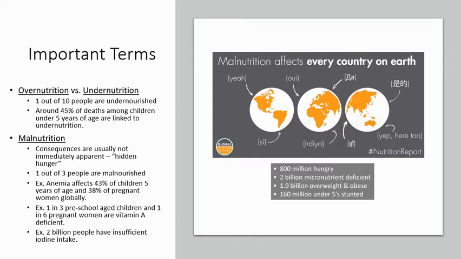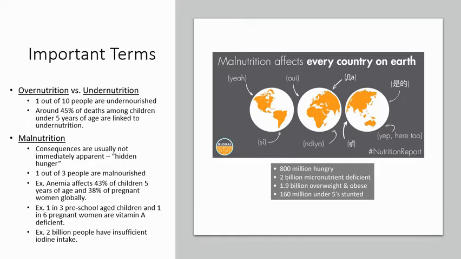Undernutrition means people are going hungry. They're not getting enough calories every day. So this is a huge problem. About 1 out of every 10 people are undernourished, and about 45% of deaths among children under 5 are linked to undernutrition. We'll take a look at overnutrition and see why that is a problem as well.